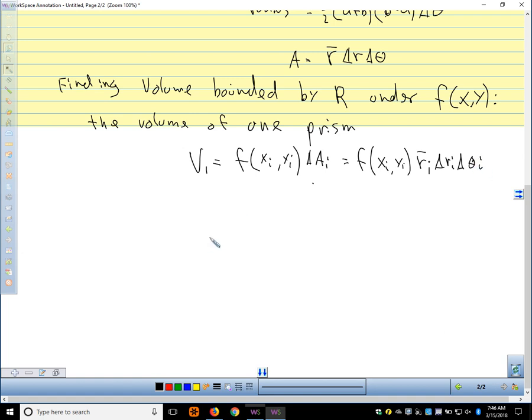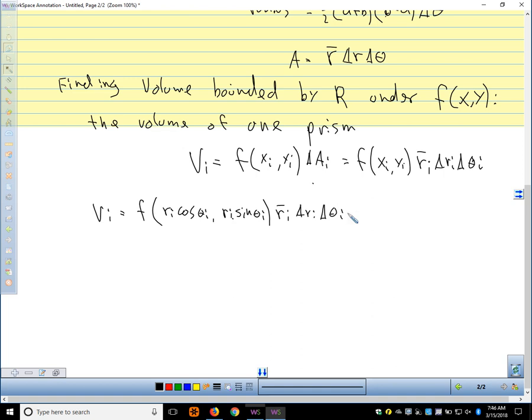And we are going to express this in polar coordinates. So we'd say V sub i is f of r sub i cosine theta sub i, so we have to rewrite our function in terms of polar coordinates, r sub i sine theta sub i. And we get this quantity r bar sub i, delta r sub i, delta theta sub i.